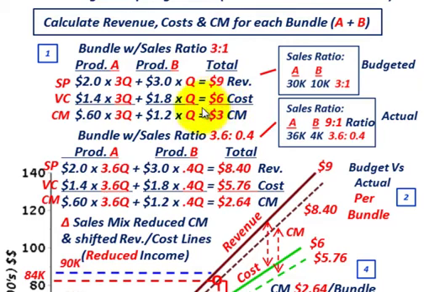All I'm doing is setting up a convenient table so you can understand how you calculated your dollars in revenue per bundle or per grouping that you're selling, your costing, and your contribution margin. Contribution margin is simply the difference between your total revenue, in this case $9 per unit, less $6 per unit for cost. The difference is going to give you $3 in contribution margin.